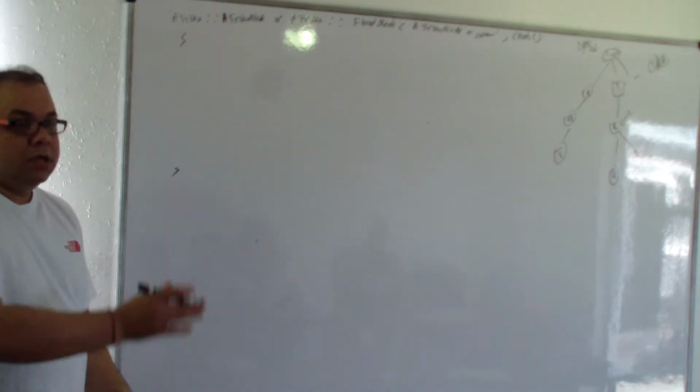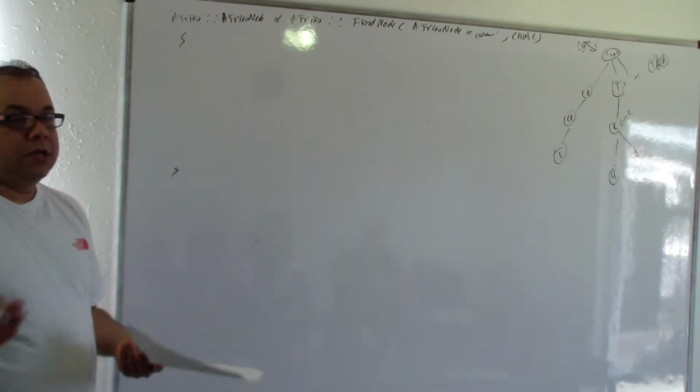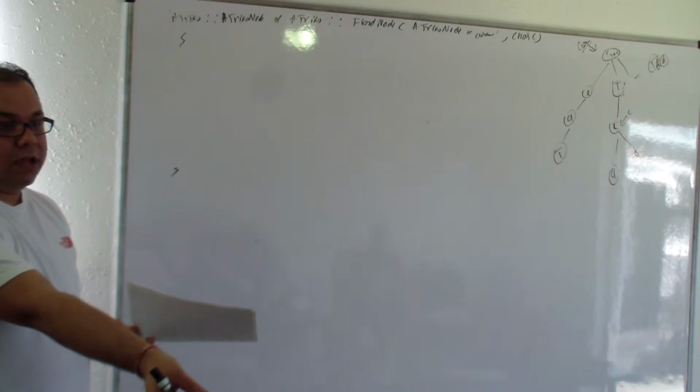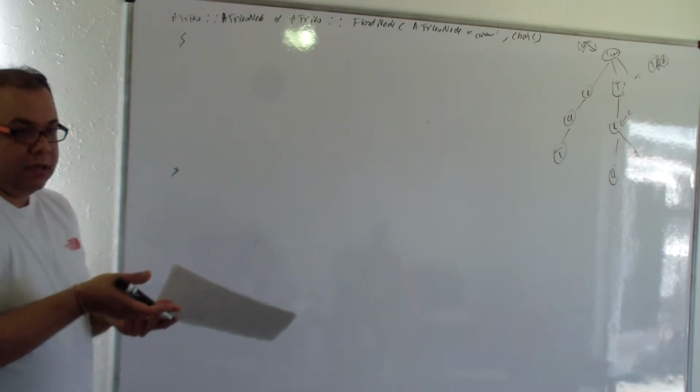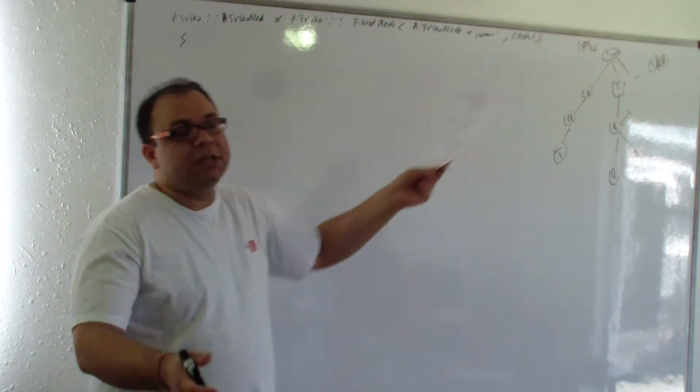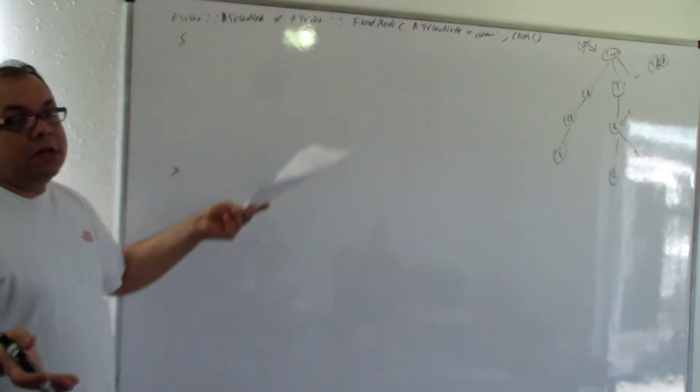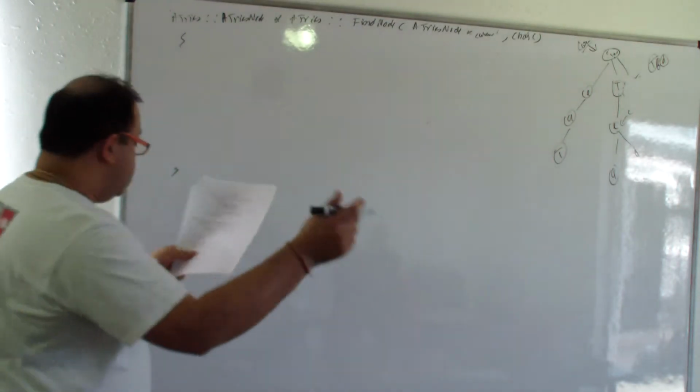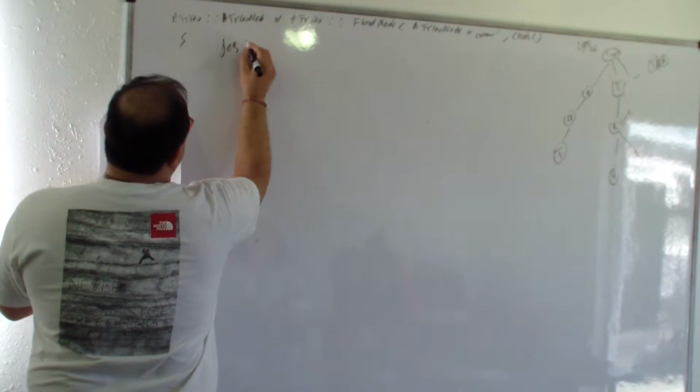All I need to do is go through all my children and check their C value. If that C value is equal to character C, I will return that node, otherwise I will return null. So that is very easy.